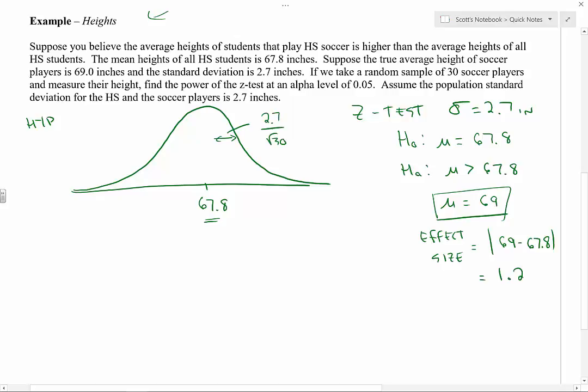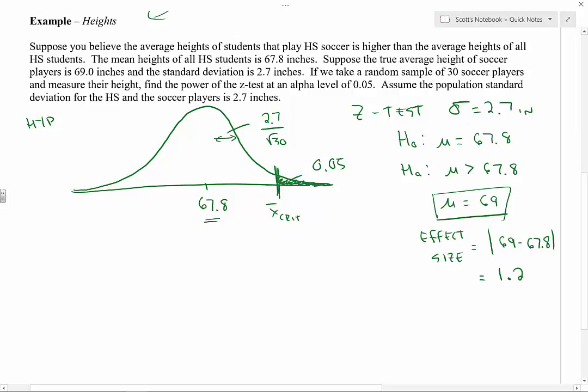We will reject the null hypothesis if, since it's a one-tailed test on the upper end, my x bar crit is such that the area to the right of it is in the top 5%. So if my mean is larger than this x bar crit, I would reject.